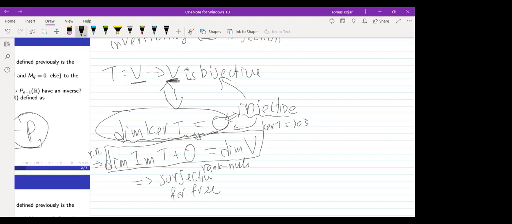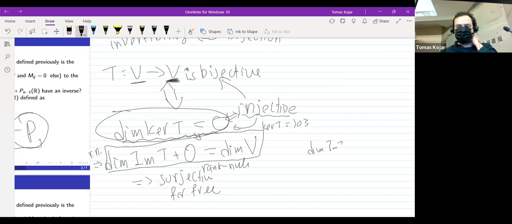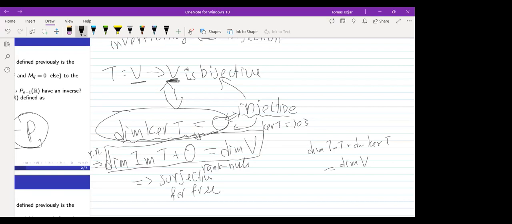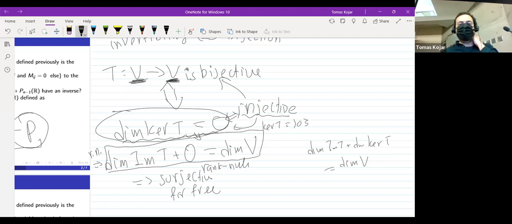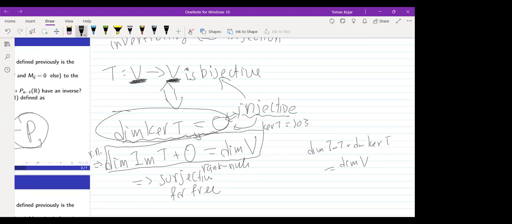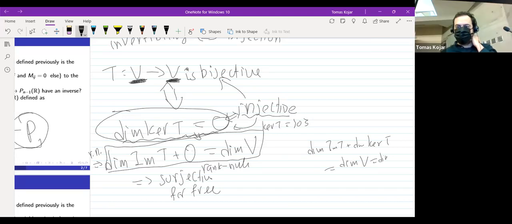Yes, I'm still here. The dimension of the image plus the dimension of the kernel is the dimension of the whole space, right? But here V is technically the domain we're talking about. Yes, that's why it works. In a way, this is V, which is W, because they're the same space.